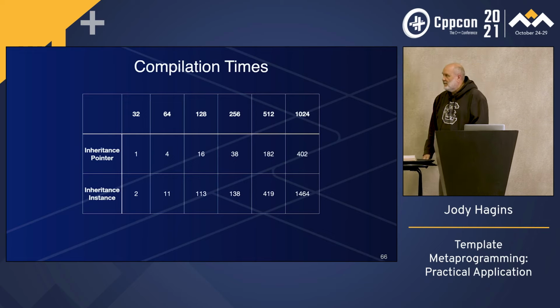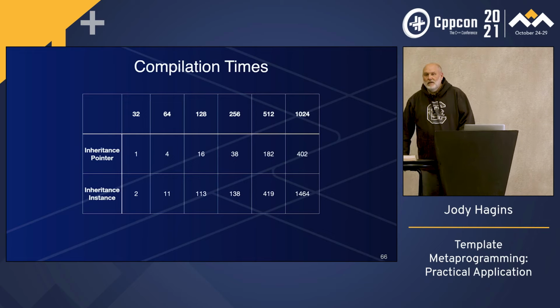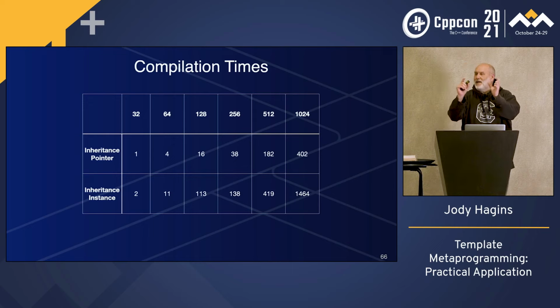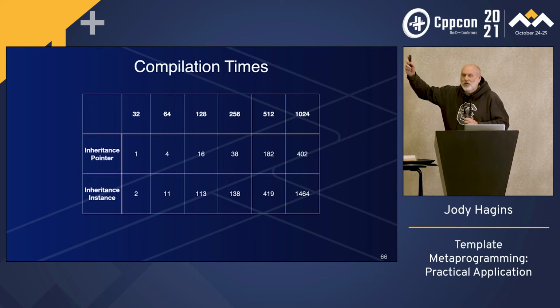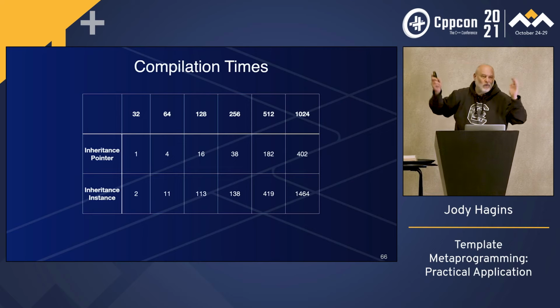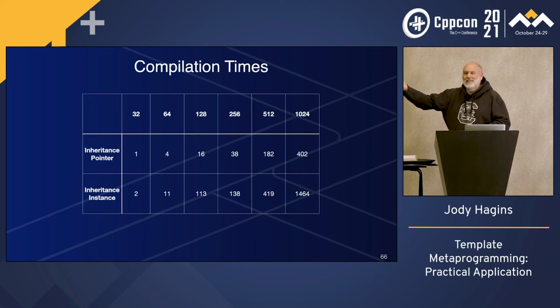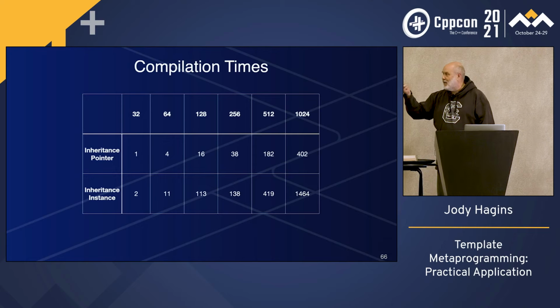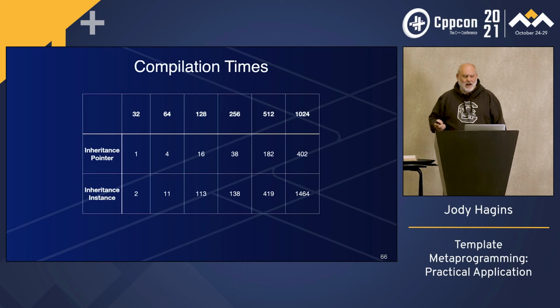There's the numbers. So the difference between implementing that by having it cast to a pointer or to a value at compile time, if you're only doing 32 or so, who cares? Pick whichever you want. But doing that kind of stuff really does have an impact on your performance, at least on Clang. And when you're implementing big, huge things at compile time, those values start adding up. That's a tremendous amount of time.